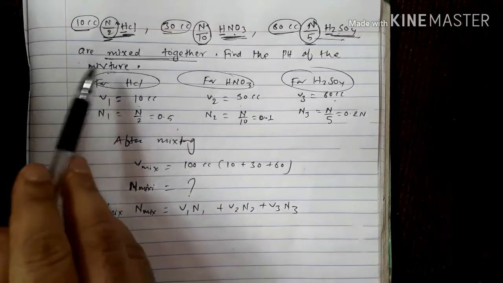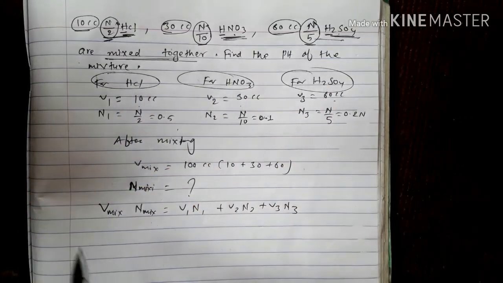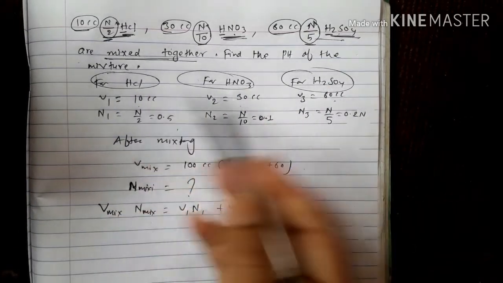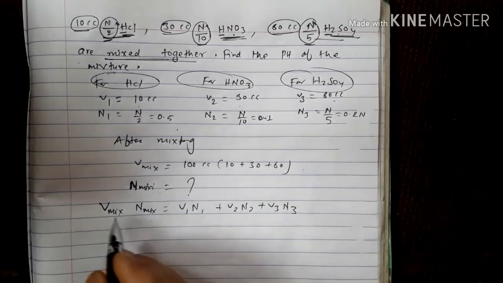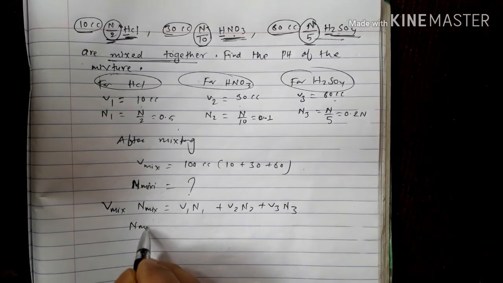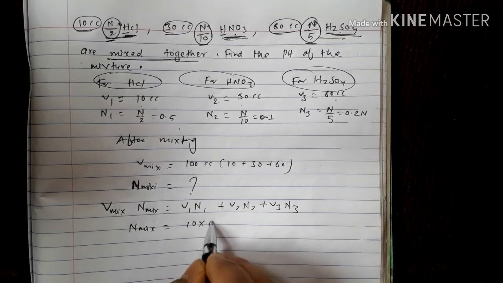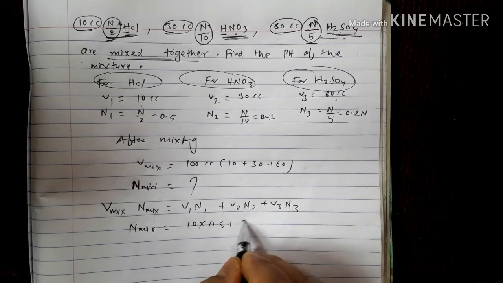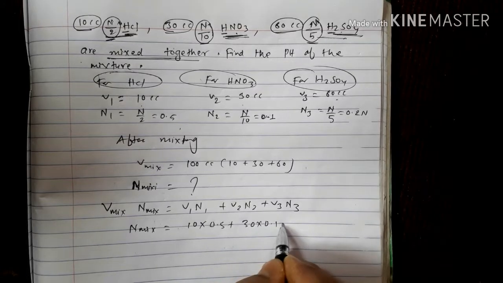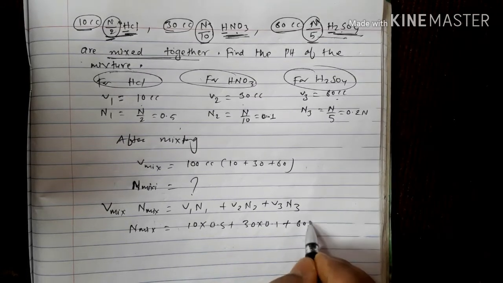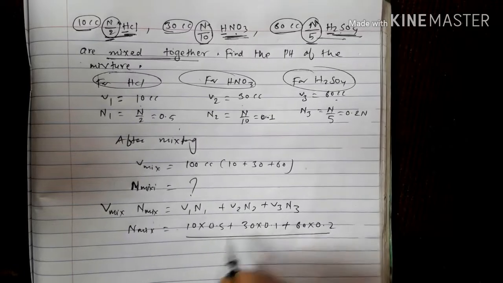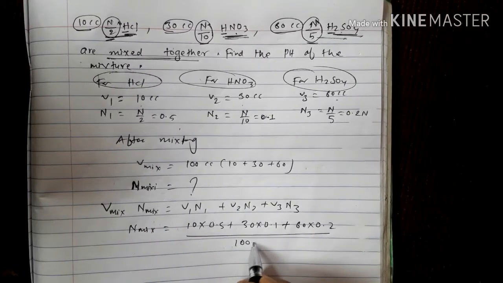The numbers of gram equivalents of all are added, because they do not react with each other. Normality of mixture will be V1 is 10 into 0.5, plus V2 is 30 into 0.1, plus V3 is 60 into 0.2, and volume of mixture is 100.